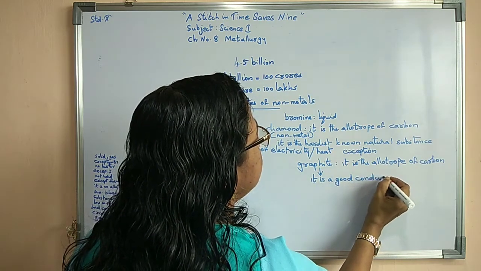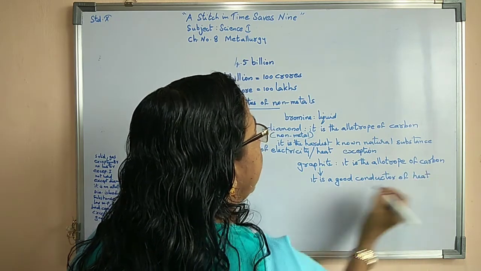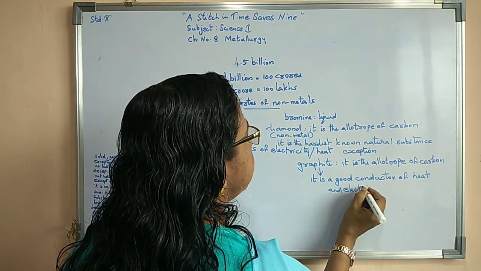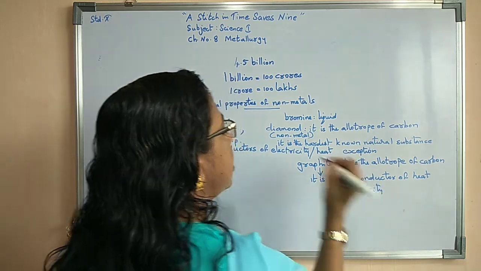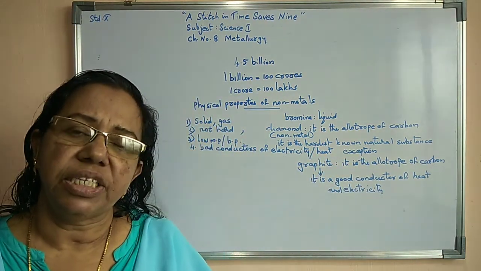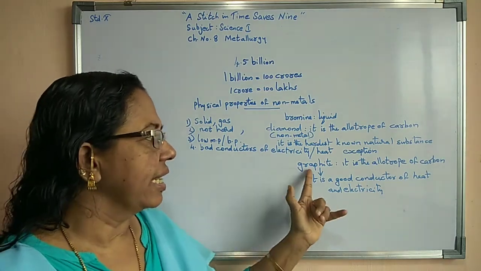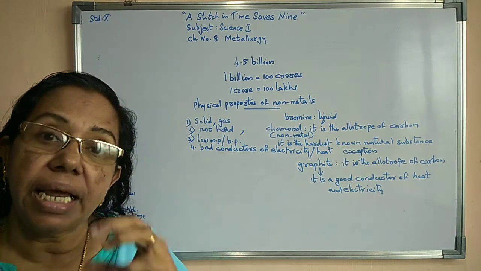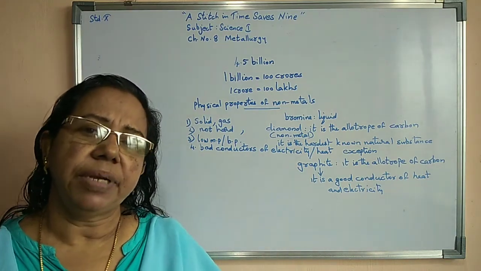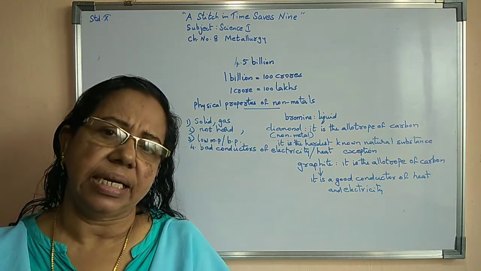So non-metals are bad conductors of heat and electricity, but the exception is graphite. It is an allotrope of carbon, and at the same time it is a good conductor of heat as well as electricity.